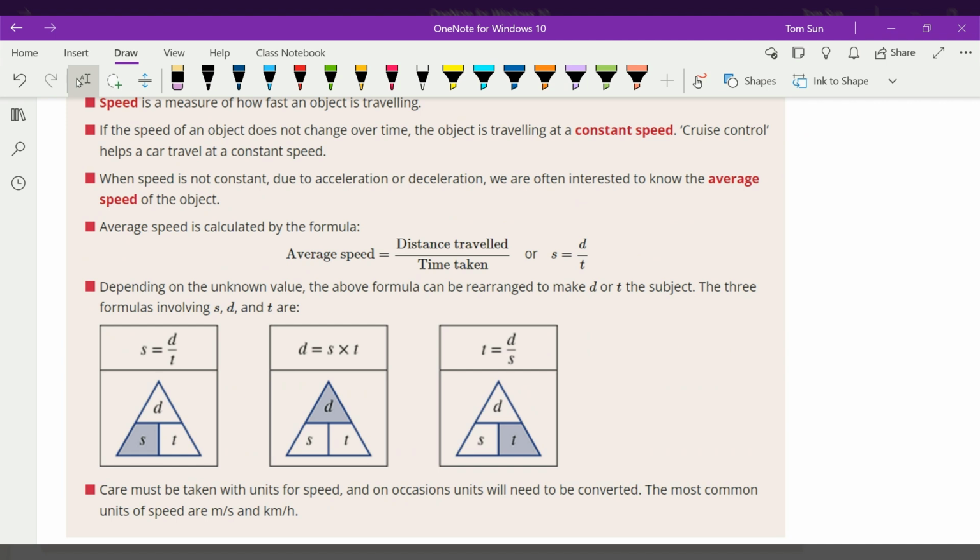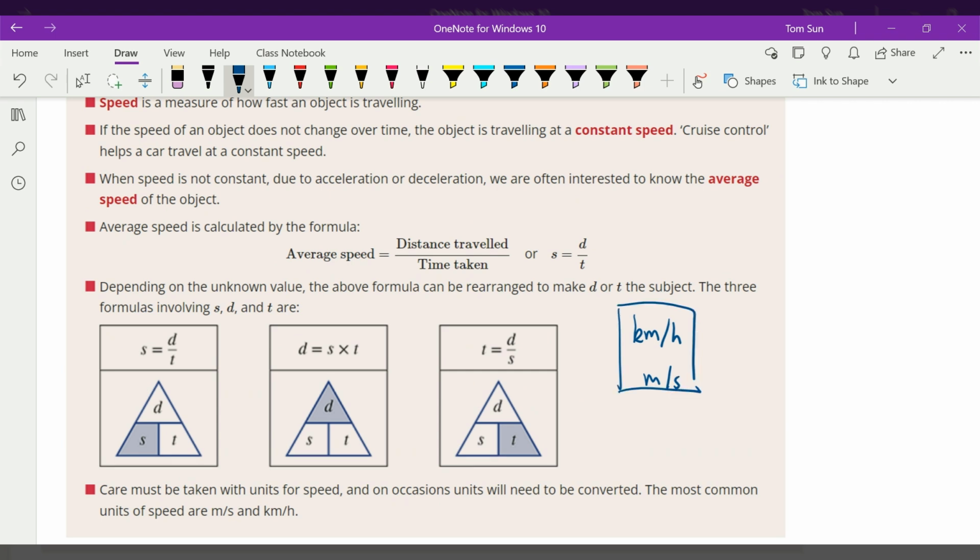If I asked you to give me an example of a speed, a lot of you would say a number with kilometers per hour, and some might say meters per second. Those are the two common speed units.